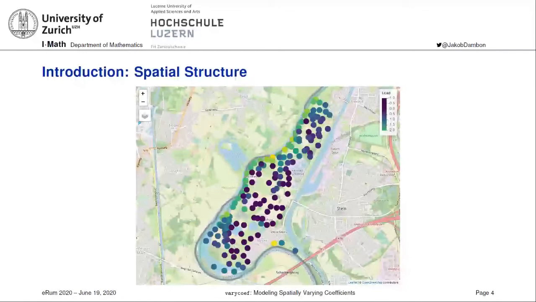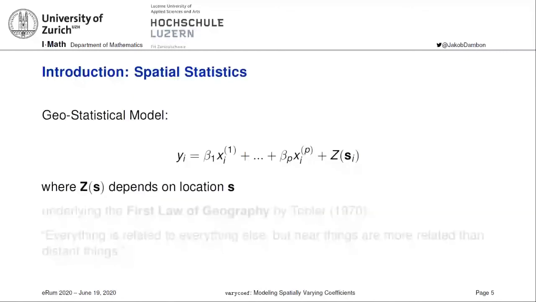In spatial statistics, we have a classical geostatistical model where the first part is very much the same as the linear model with the covariates. Now we refer to this beta part, the sum of the betas here, as the external drift, and we put a focus on the Z, which captures the spatial relationship.